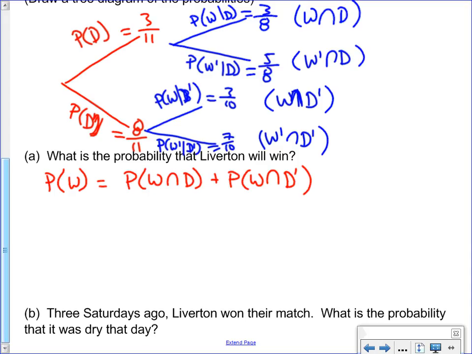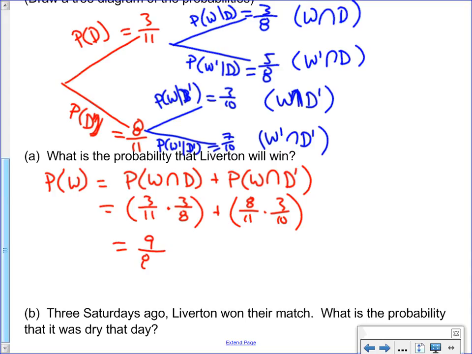Again, just multiplying along the branches: win and dry is 3 out of 11 times 3 out of 8, and win and not dry would be 8 out of 11 times 3 out of 10. So I have 9 over 88 plus 24 over 110.